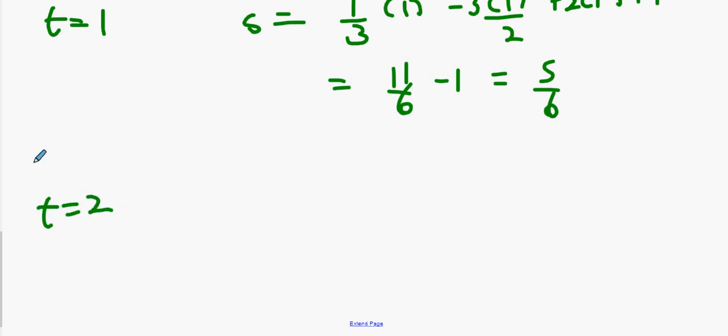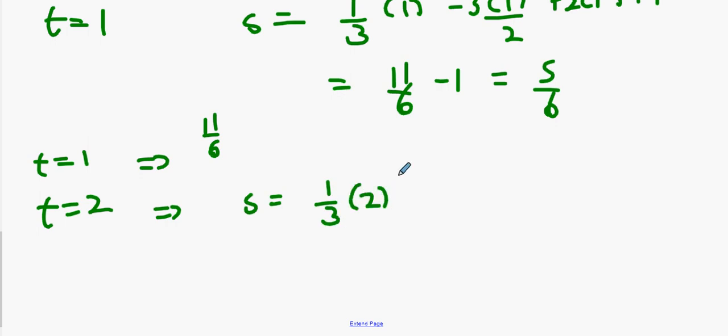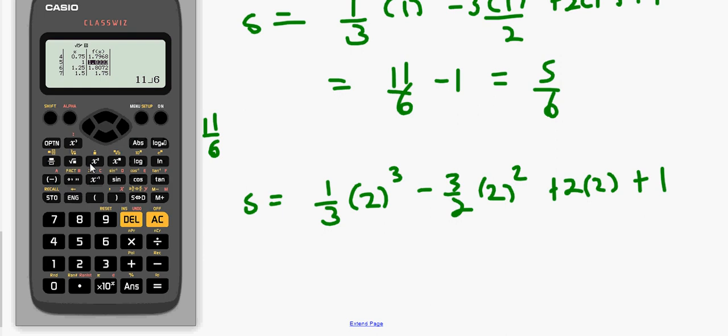And for t equals 2, sorry, you're going in between t equals 1 to t equals 2, aren't you? So you know that t equals 1 is 11 over 6, and then you're going to sub in your values for t equals 2, which is 1/3 2 cubed minus 3 over 2 2 squared plus 2 times 2 plus 1. And once again, what did we get? 5/3.